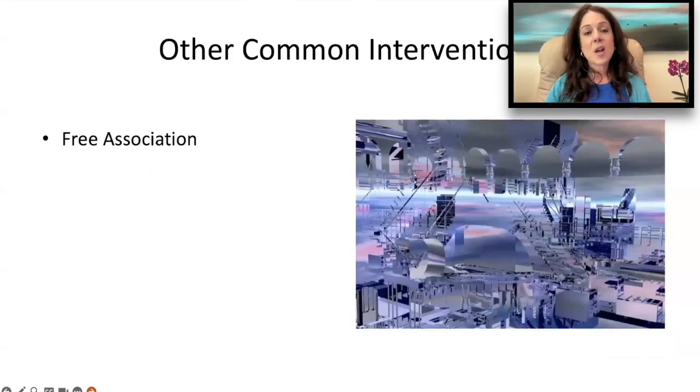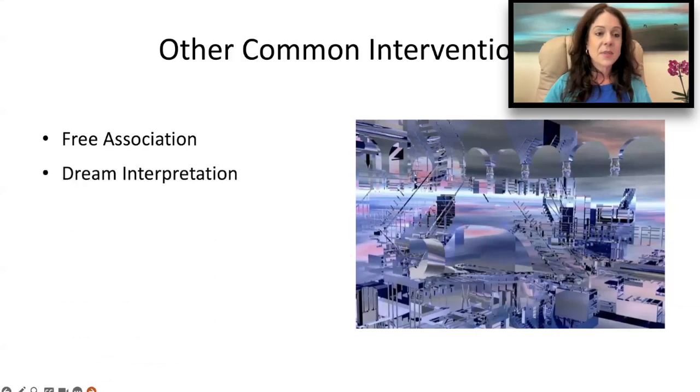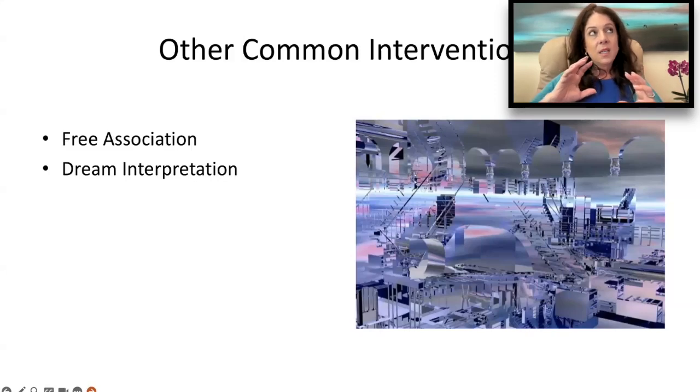Okay, so let's look at other common interventions. One is free association. This is classic Freudian, giving words and having clients free associate with them. You see that in projective tests as well, which are based on this kind of concept. Dream interpretation can be very huge, looking at dreams as representing various objects.